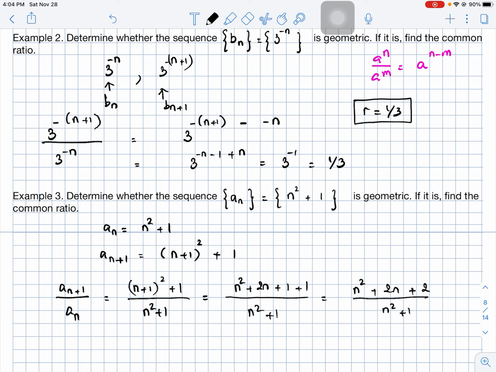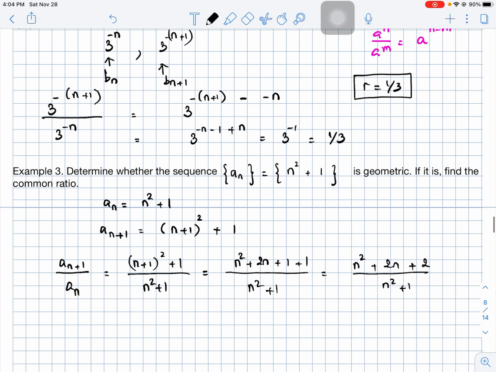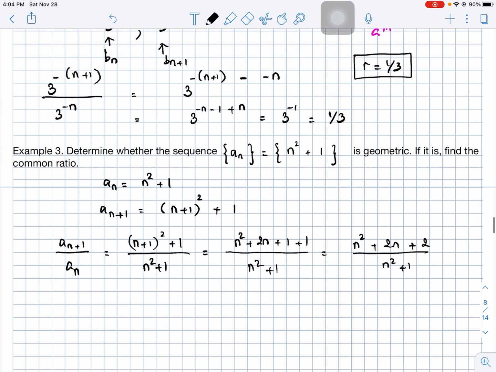But it looks like on the top we cannot simplify anymore, and in the bottom we cannot do anything more, we cannot factor. So the expression that we simplify doesn't give us a number, it gives us an expression containing the letter n. So we can conclude that the sequence a n is not geometric.